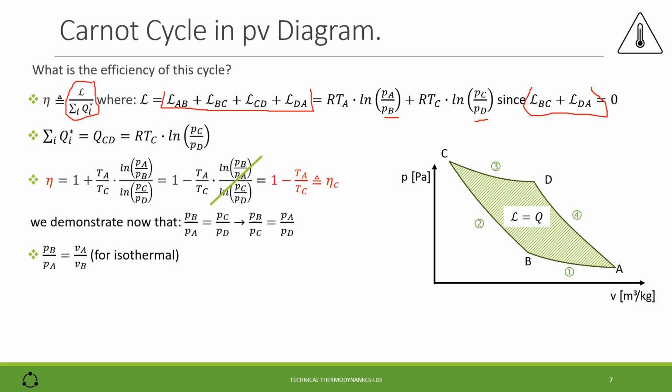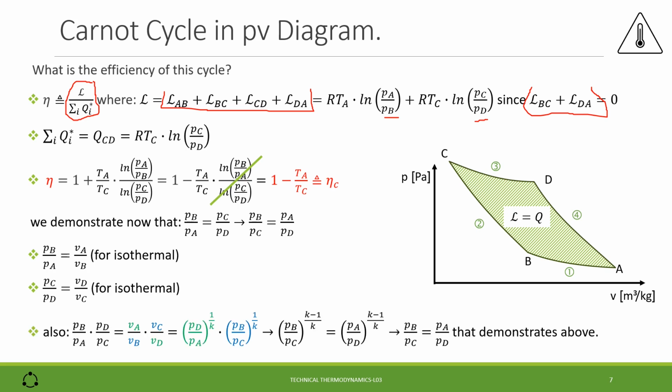Since PB over PA equals the ratio of the volumes because of isothermal, and this is also valid for the transformation CD, we can write PB over PA into PD over PC as VA over VB into VC over VD.